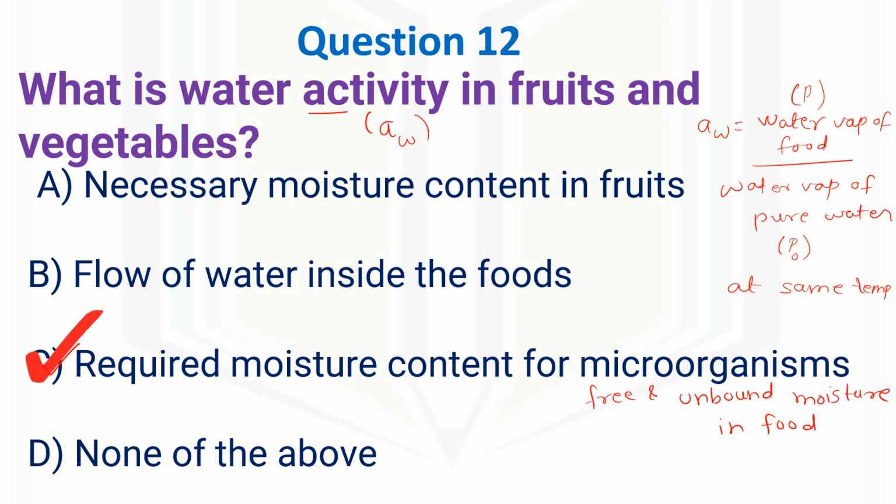So depending upon the microorganism, the water activity can vary. Some type of microorganism like the bacteria will require a higher water activity, that is above 0.86, and the yeast and mold require less water activity, that is 0.65. So if the water activity of the food is below 0.5, then most of the microorganisms won't grow.